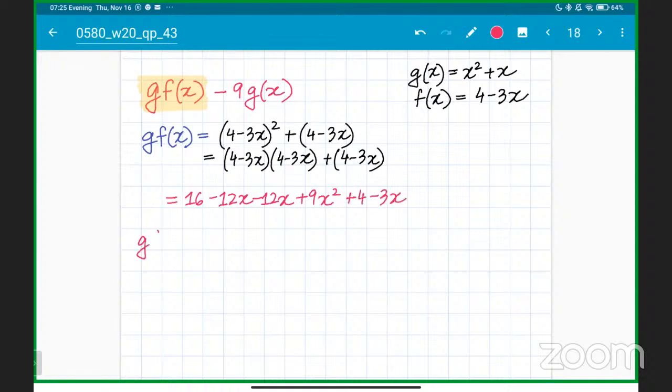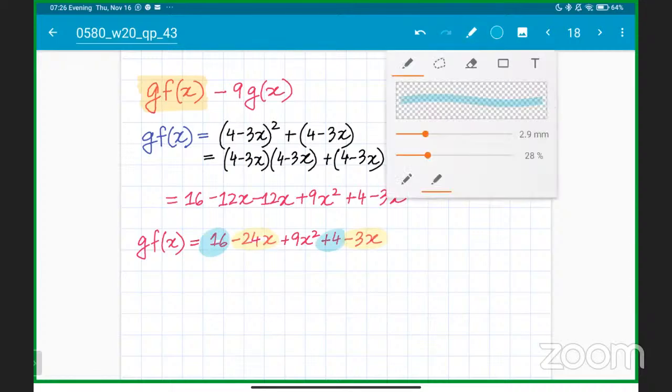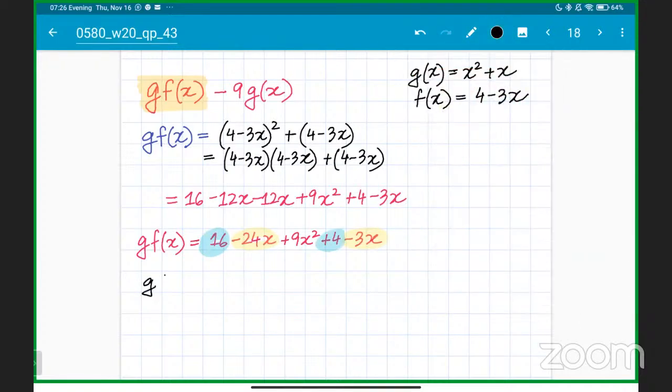When you simplify this, it will become 16 minus 24x plus 9x squared plus 4 minus 3x. Simplify it further, minus 24x minus 3x and 16 plus 4, students, okay? So eventually g(f(x)) is equal to 9x squared minus 27x plus 20. Hope it's correct.